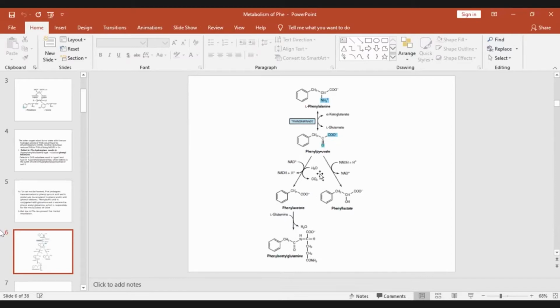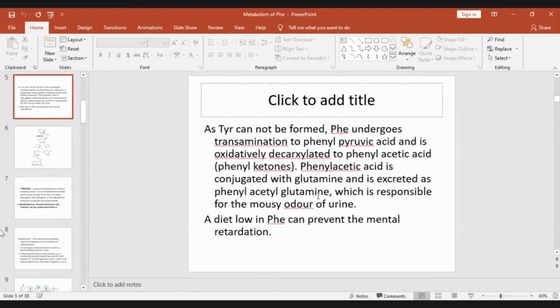This is called phenylketonuria: phenylpyruvate and phenylacetate in urine. Phenylacetyl glutamine is responsible for the mousy odor of urine, the characteristic feature of phenylketonuria.